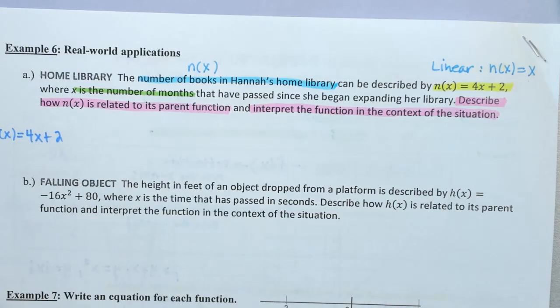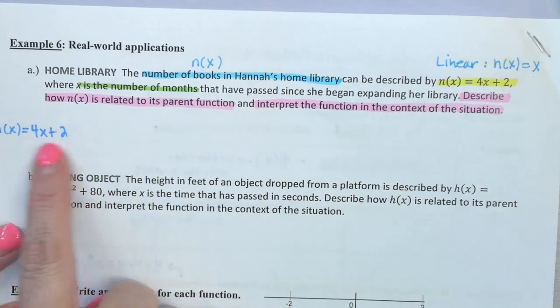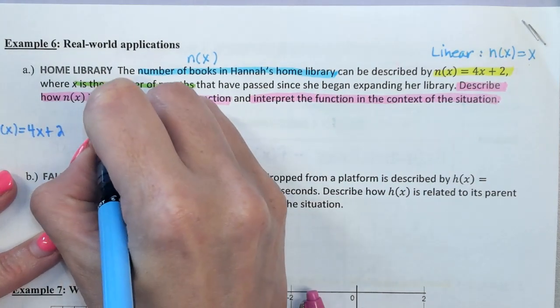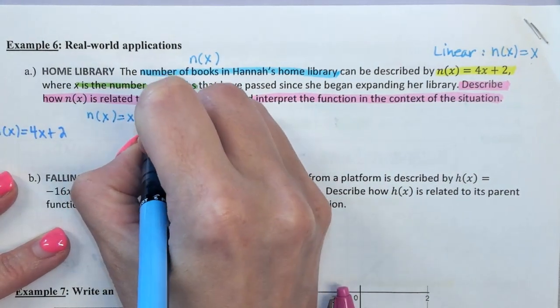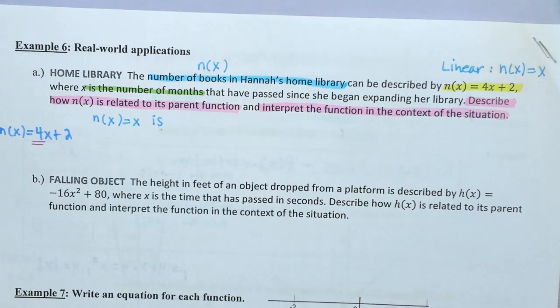Anytime we're looking at the transformations, we're looking at what additional values this has. So the graph of n of x equals x is, so we have this 4 in front. So we have to say what that is. Do you guys remember from yesterday what type of transformation this 4 is? Yeah, it is a dilation. It's a vertical stretch.